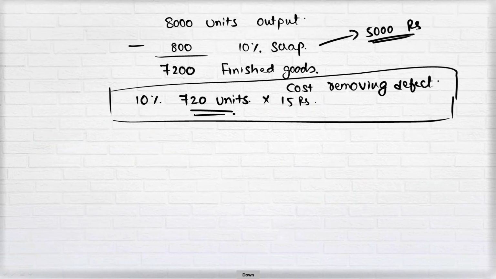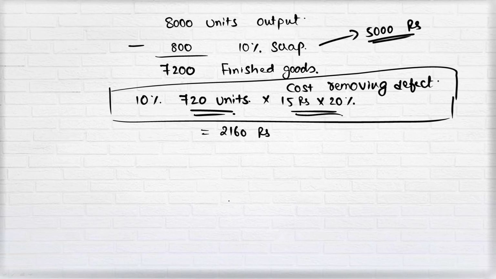So I will be multiplying 15 into 20%. What is the answer? 720 into 15 into 20%. It is 2160.